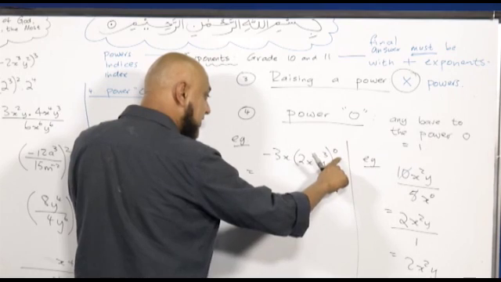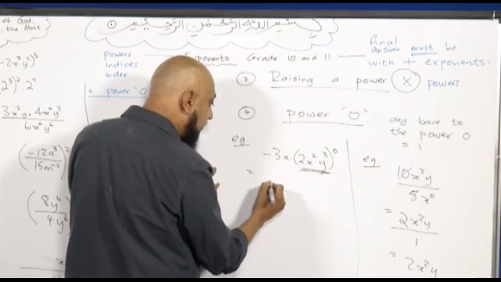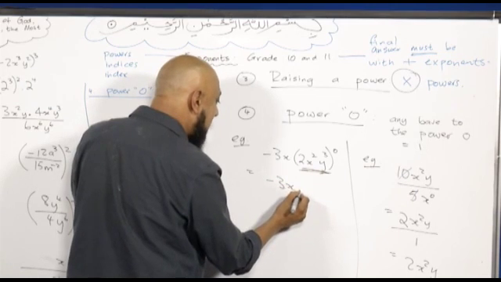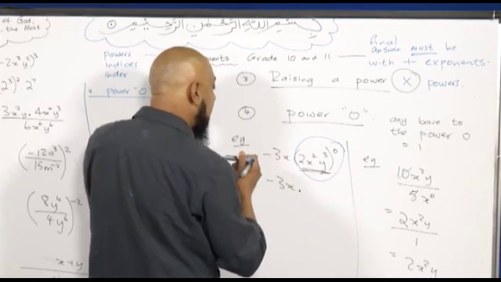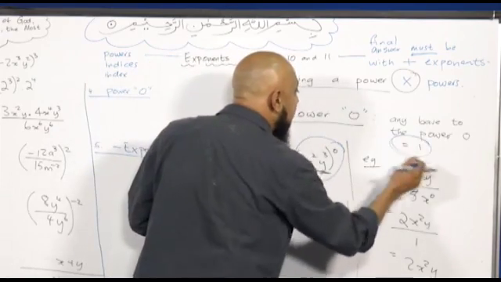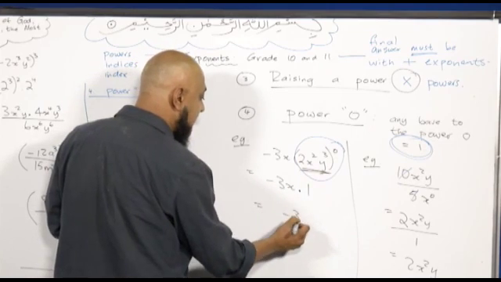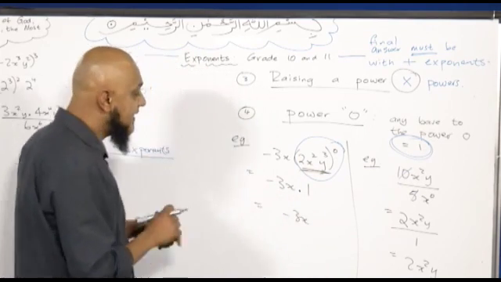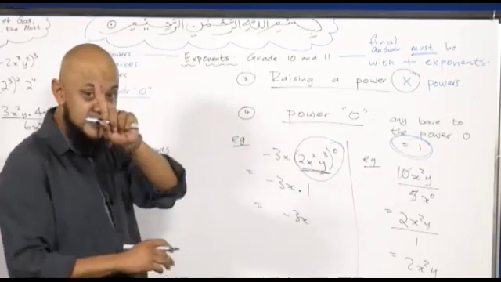Any base to the power 0 is 1. So we're left with negative 3x times this entire system, which is equal to 1. So it's times 1. So minus 3x times 1 is minus 3x. That's negative 3x. You cannot say that this entire problem is equal to 1.